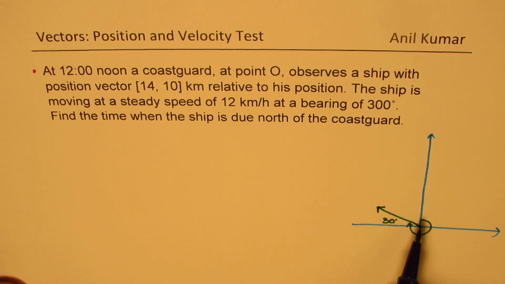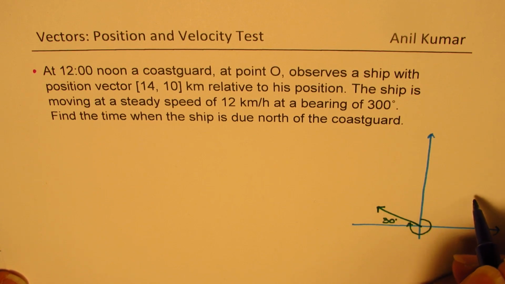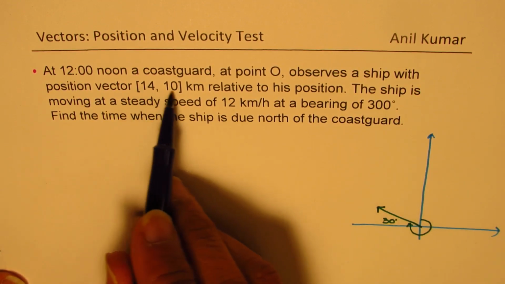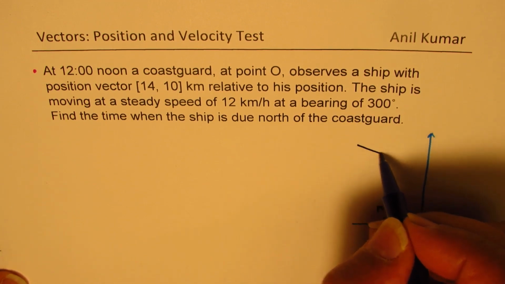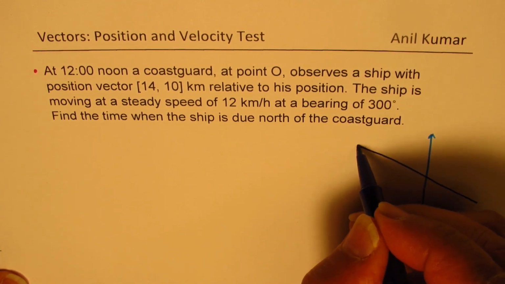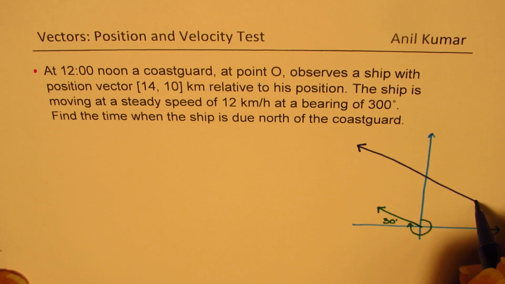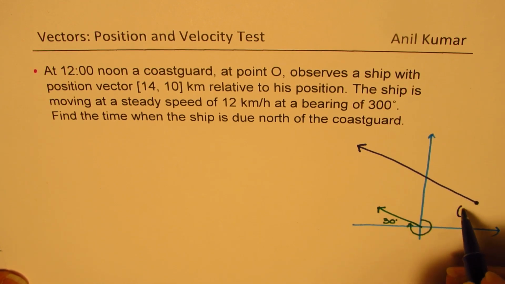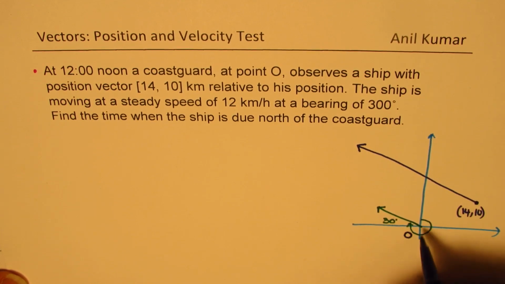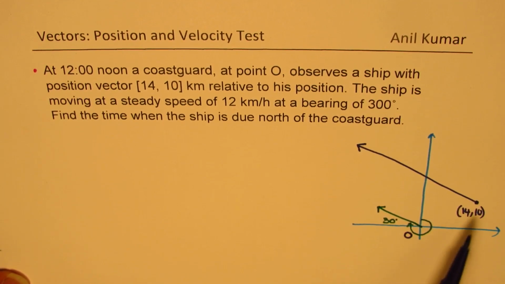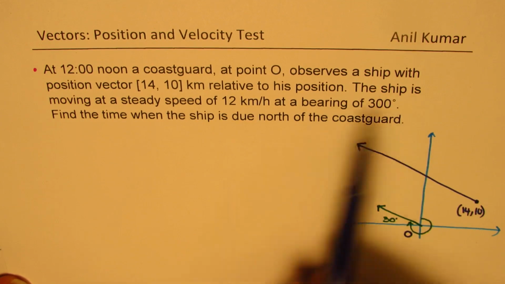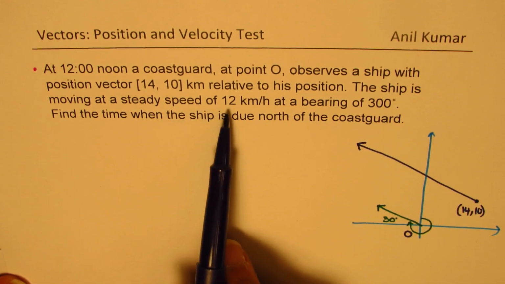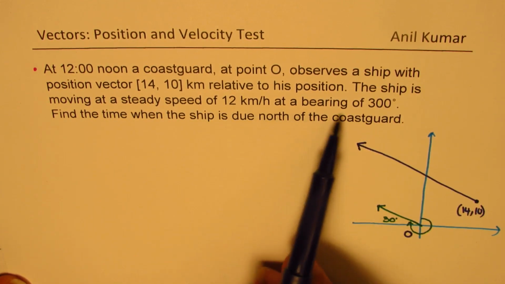But what we are given here is that the initial position is 14i + 10j. So it is moving parallel to this direction. You understand? This position here is given to us as the position vector 14i + 10j, where this is the origin. Is that clear to you? Now, the ship is moving at a steady speed of 12 kilometers per hour at a bearing of 300.